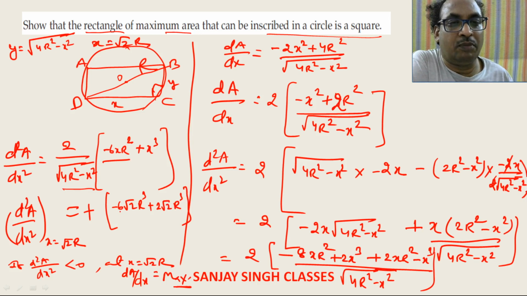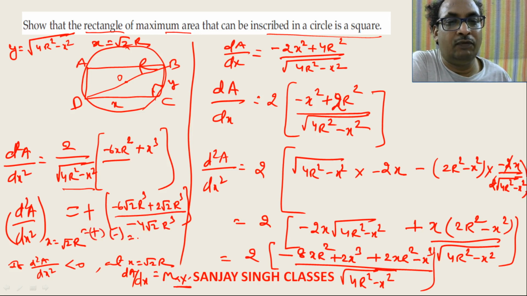So minus 6 root 2 r cube plus 2 root 2 r cube has given us minus 4 root 2 r cube. So this is minus, so now plus and minus will become minus.